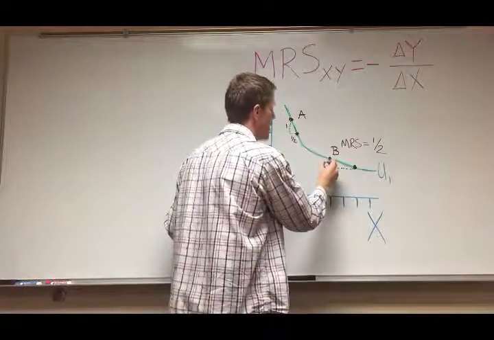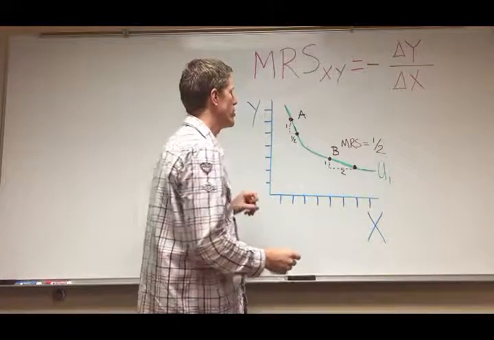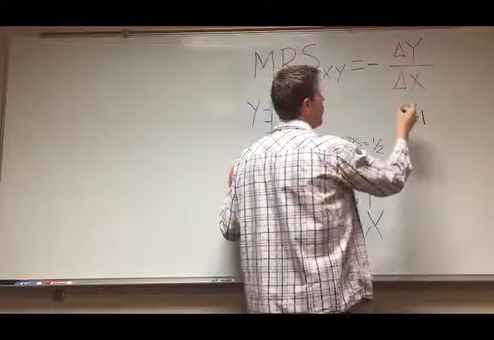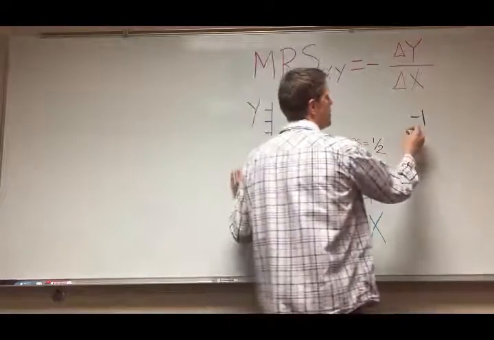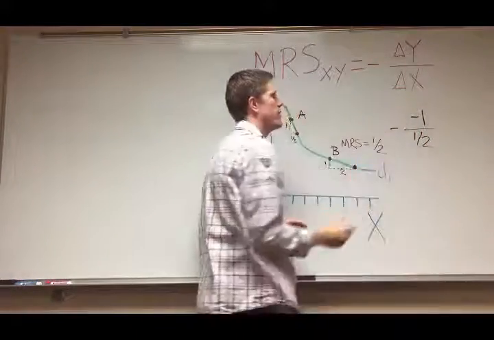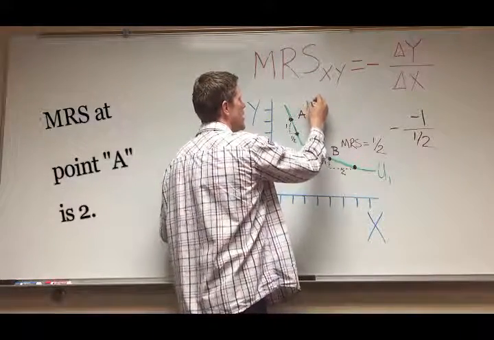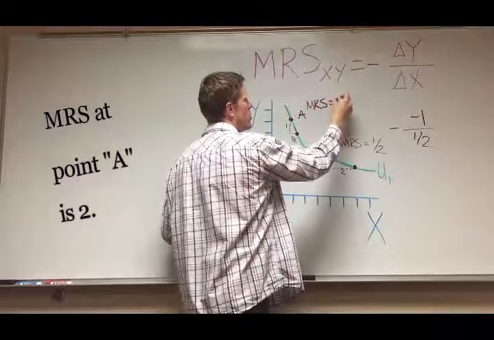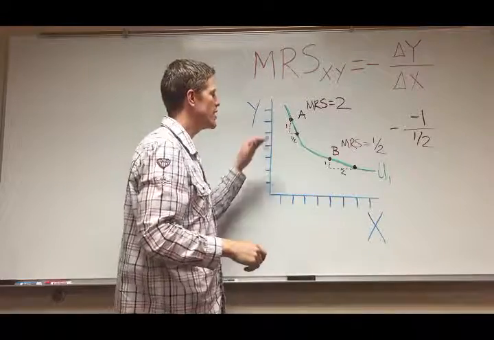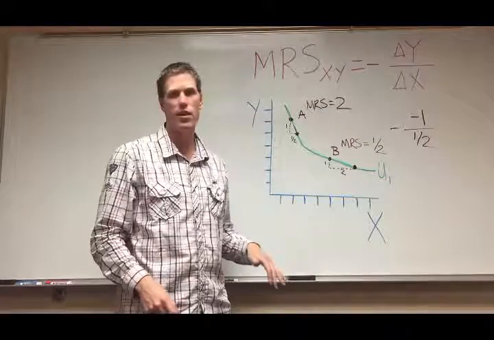Whereas before we dropped 1 and went over 2, now when we drop 1 y, we go over a half x. Plug that into our equation: a negative 1 change in y divided by a half change in x, made negative. So we end up with a marginal rate of substitution of 2, since 1 divided by 1/2 is 2. On the same indifference curve, we have different marginal rates of substitution.